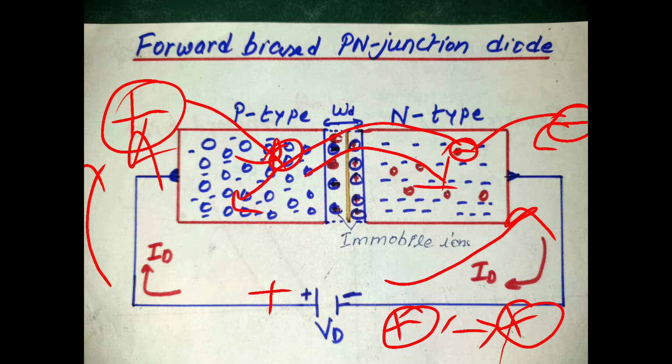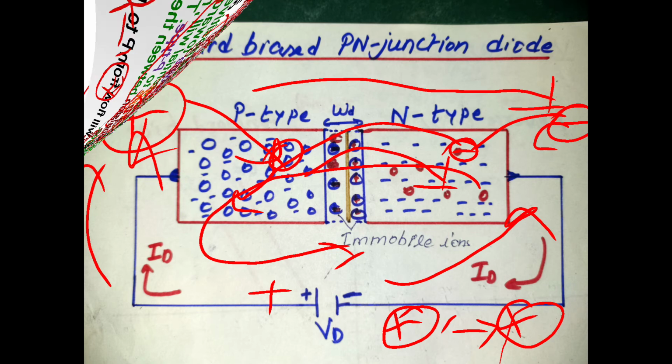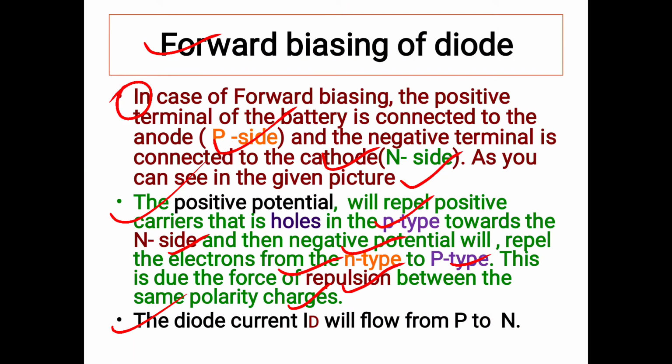So a current will be produced, known as the diode current, and the direction of the diode current will be from P to N side. The electrons will move in the opposite direction. So the diode current ID will flow from P to N, as we have seen.